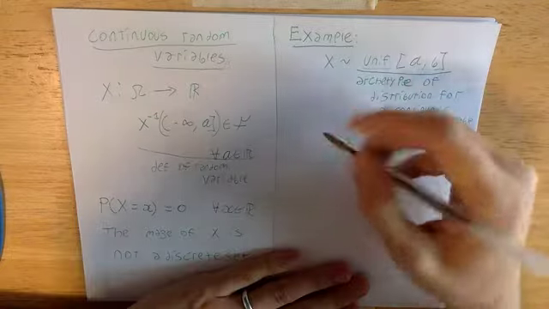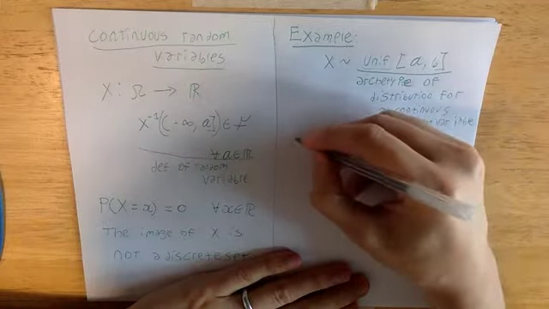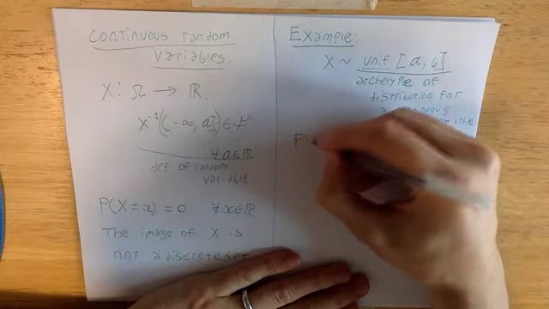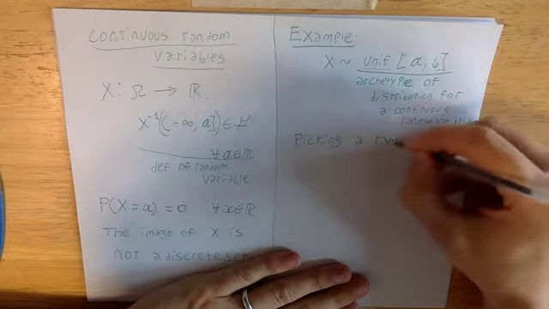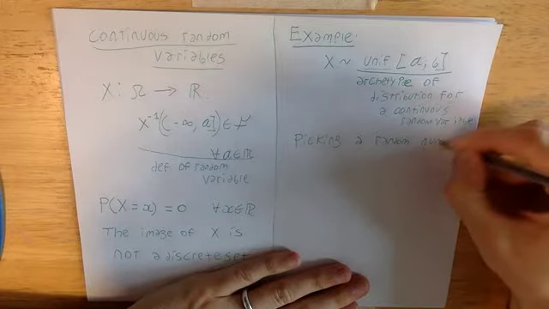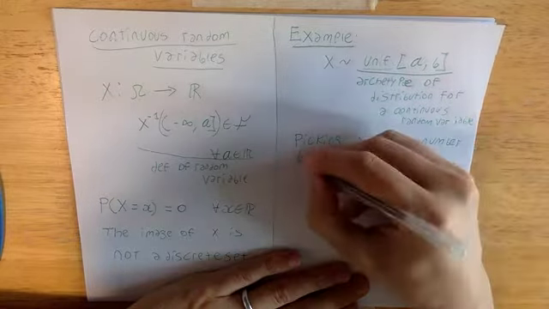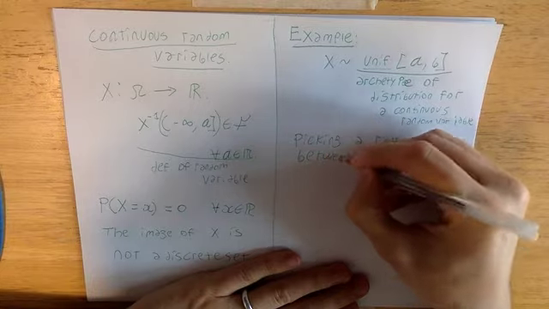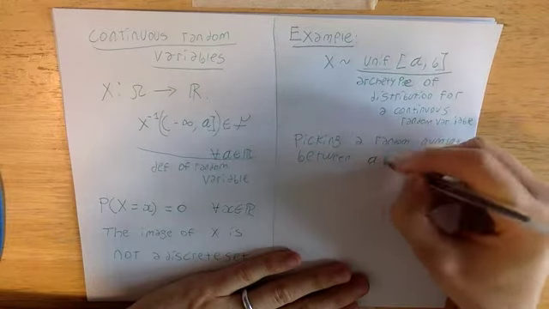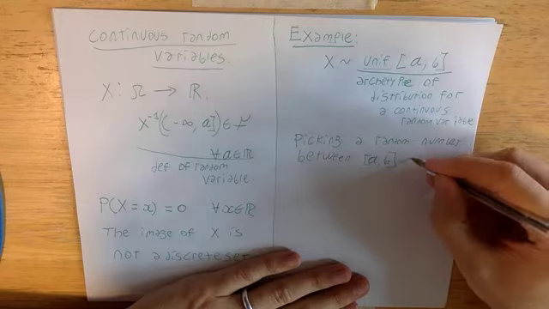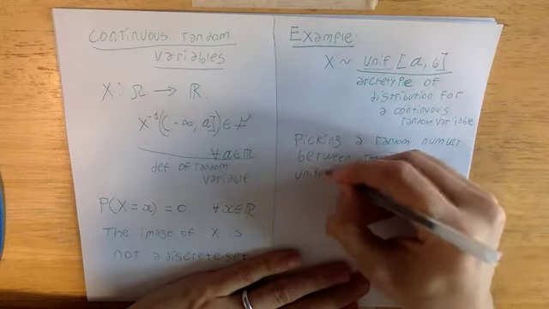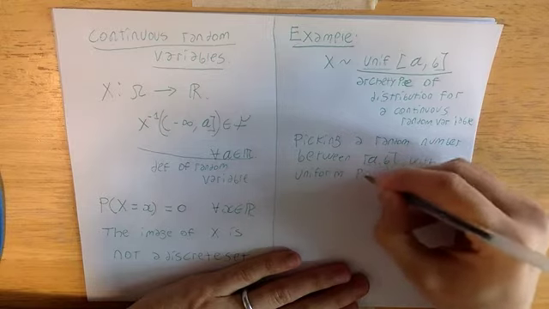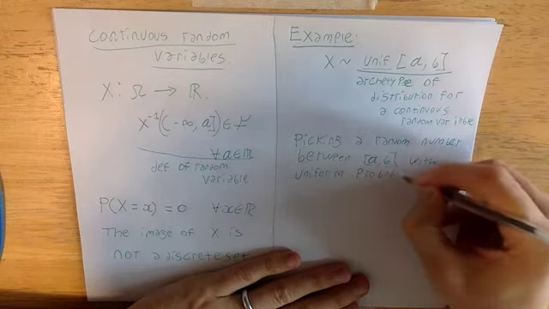Okay, and this symbolizes picking a random number between A and B with uniform probability.